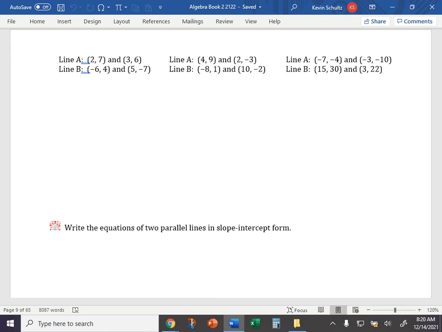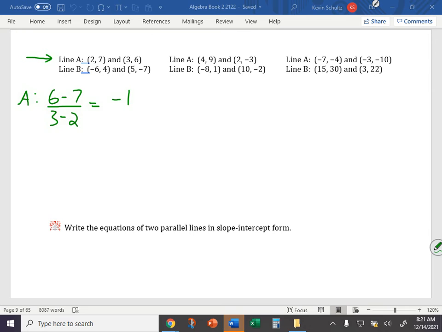Okay, so Liesel, what do we care about when determining parallelability, perpendicularity, or neitherness? Find the slope. How do you find the slope given 2 ordered pairs? The slope formula. Okay. So here's what it looks like for line A. y2 minus y1 gives us 6 minus 7. x2 minus x1 gives us 3 minus 2.